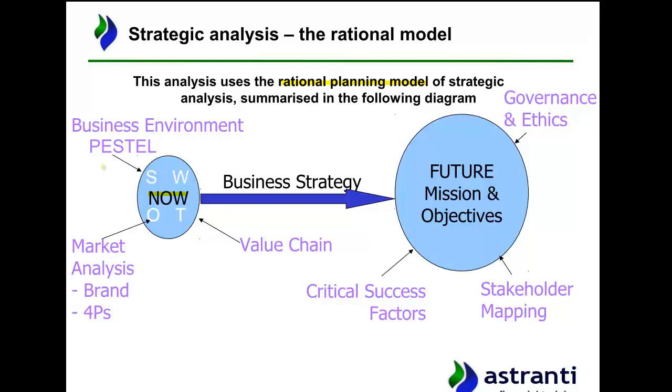To get an idea of what the business is like, we're going to analyse the business environment, perhaps using PESTLE analysis. We can do a market analysis. We can look at the brand, the value of the brand. We can look at the 4 P's of marketing. And all of that's going to help us to come up with a nice, detailed, informed SWOT analysis.